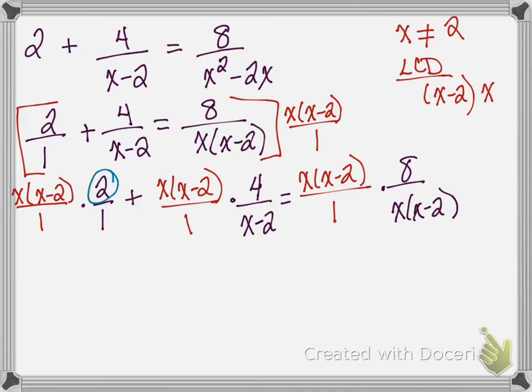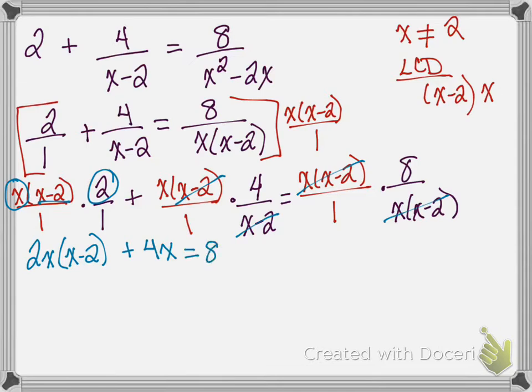Okay, so I'm going to write this. So I have my 2 here and I have my x here. So I'm going to write that as 2x. Then I'm going to write my x minus 2. So I've got to distribute that 2x right there. Okay, x minus 2 and x minus 2 leaves me with 4x. All of this cancels.